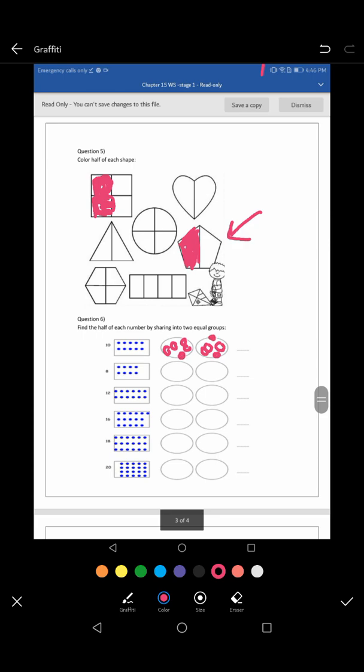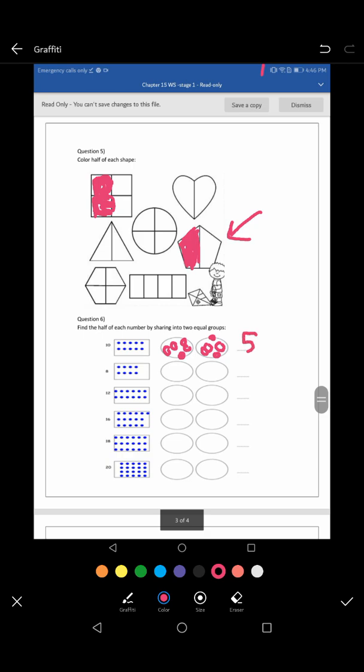Then we are going to count the circles in each side. In the first side we have 1, 2, 3, 4, 5, and the second one we have 1, 2, 3, 4, 5. So we already shared them equally. So we divided 10 into 2 equal parts, and each part is called 1/2 because it is divided into 2 equal parts. So half of 10 is 5.